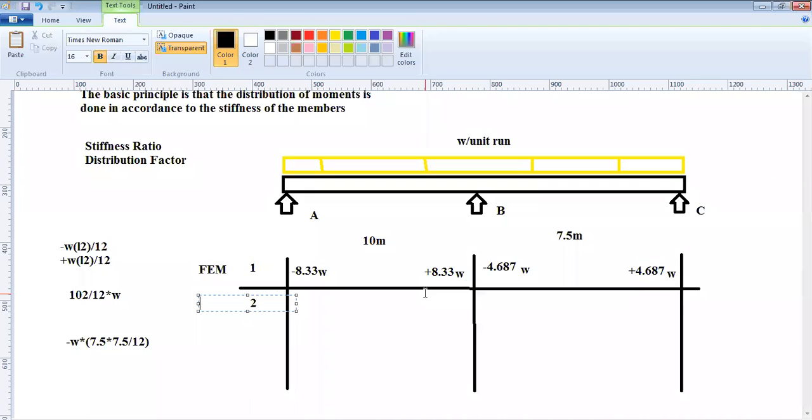Now, what we are doing is that there was no fixed end moment here because the ends were not fixed. So wherever there was no fixed end, we have to release the moments. Actually, all three supports A, B, and C are not fixed. They are simply supported. So after having clamped, after obtaining the fixed end moment, in the second step, we're actually releasing the moments.